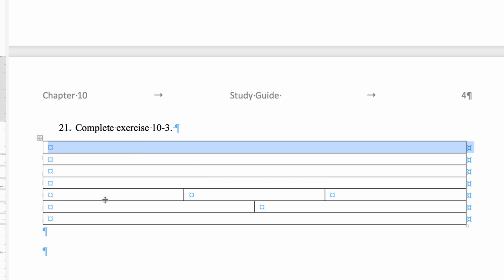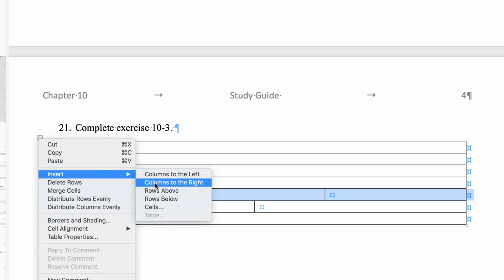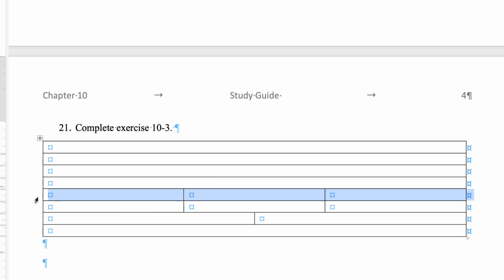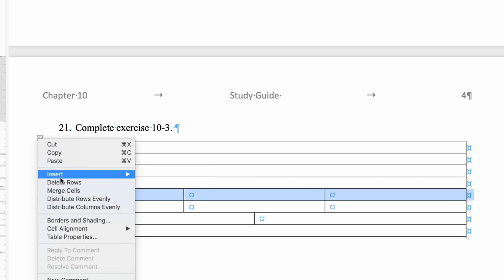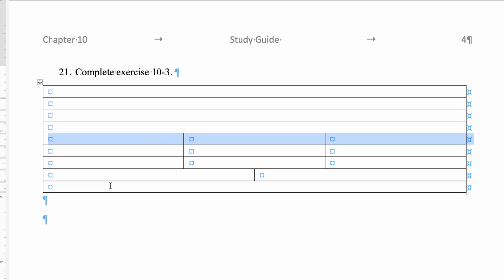Then we're going to come down here where there's 3, and we're going to add 2 more rows above as well.